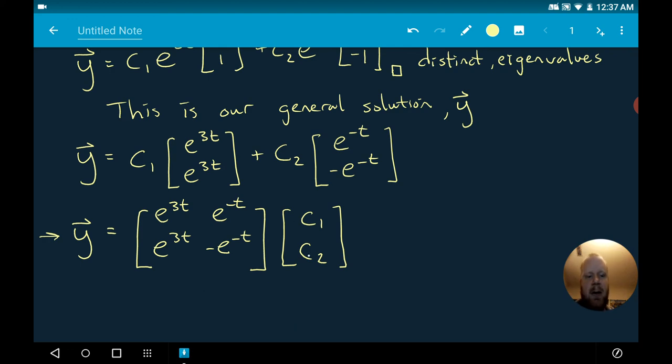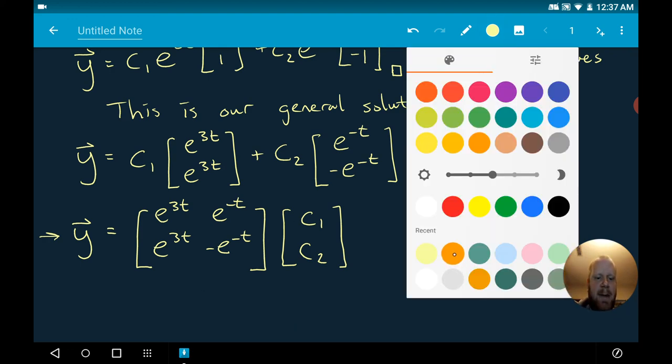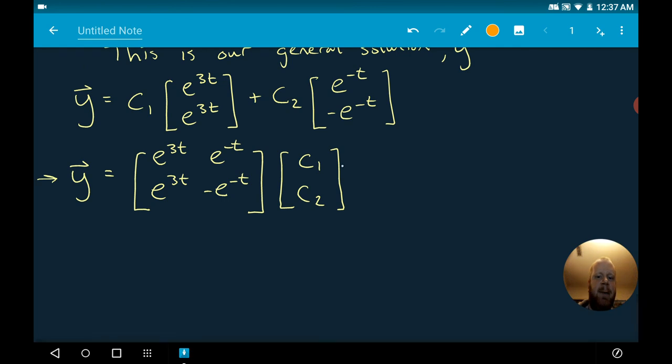The reason I wanted to show you this is your book has a special name for this matrix, and sometimes it's really nice to have this compact matrix as a solution, because we know we're always going to be doing C1 times this, C2 times this.